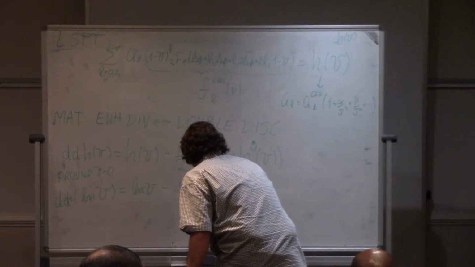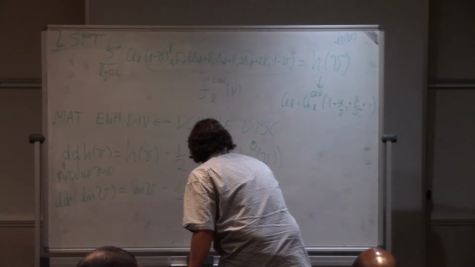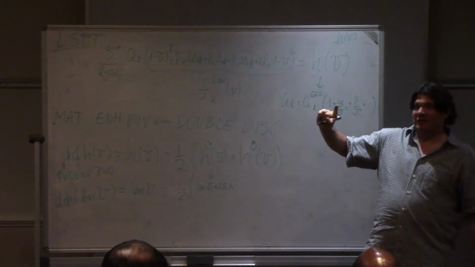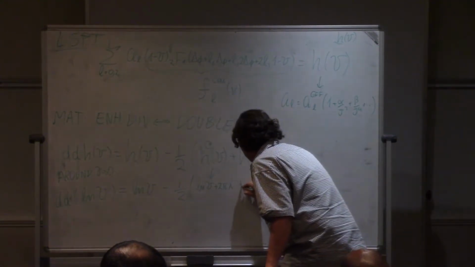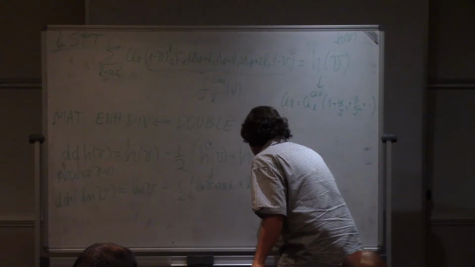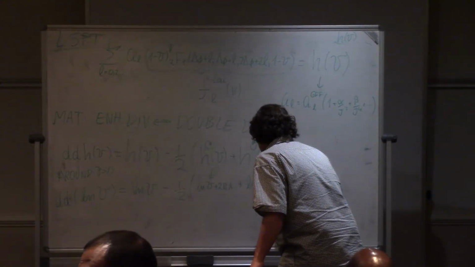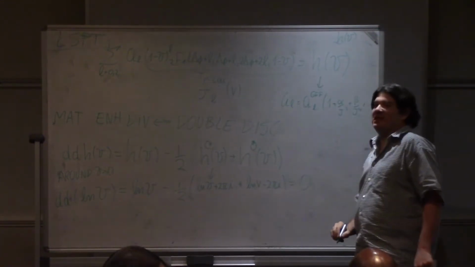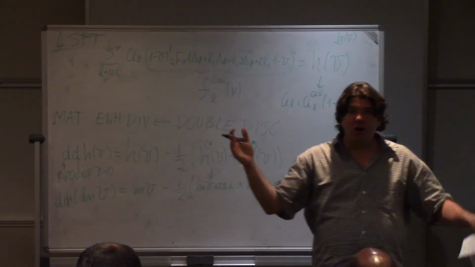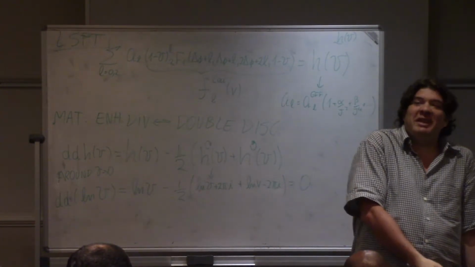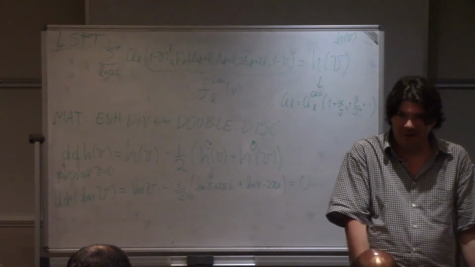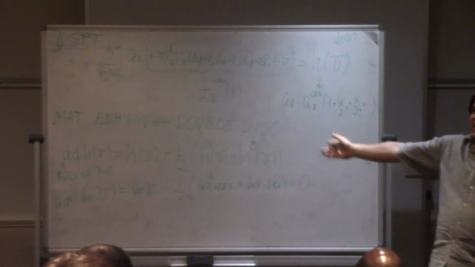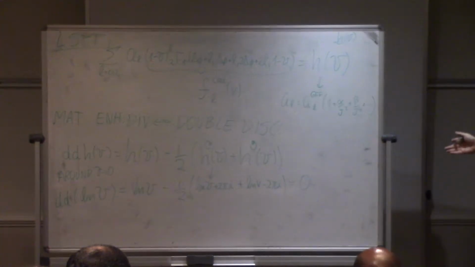So this is log v plus 2 pi i. And here, you need to do the same the other way around, so it's plus log v minus 2 pi i. And if you do the computation, you get 0. Beautiful. Log v is exactly what a single conformal block was giving me. So indeed, a single conformal block doesn't have any enhanced divergence.